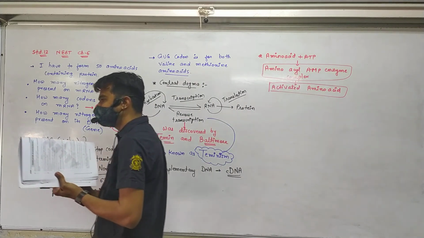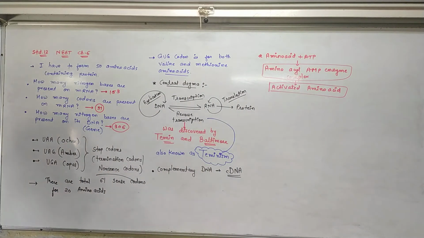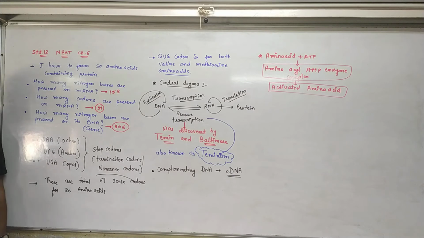Generally inside our body, amino acid is present in the free form. It is in an inactivated state. But when tRNA carries the specific anticodon on its anticodon loop, at that time the specific amino acid binds to the ATP molecule and forms the amino acid AMP enzyme complex, and this is known as activated amino acid.